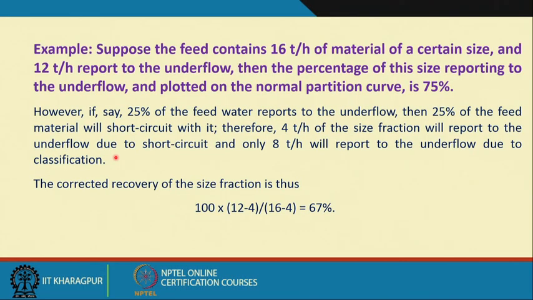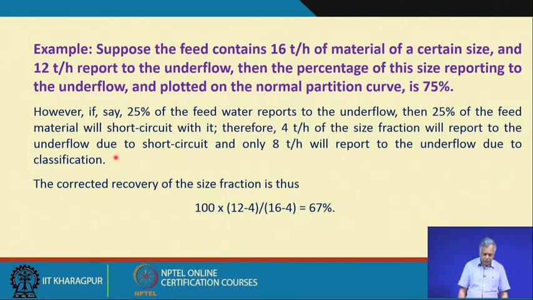So, what is the meaning of this? Suppose the feed contains 16 tons per hour of material of a certain size distribution, and 12 tons per hour report to the underflow. That means you have a feed rate of 16 tons per hour, and out of that, 12 tons per hour of that size report to the underflow. I am talking about a particular size fraction.